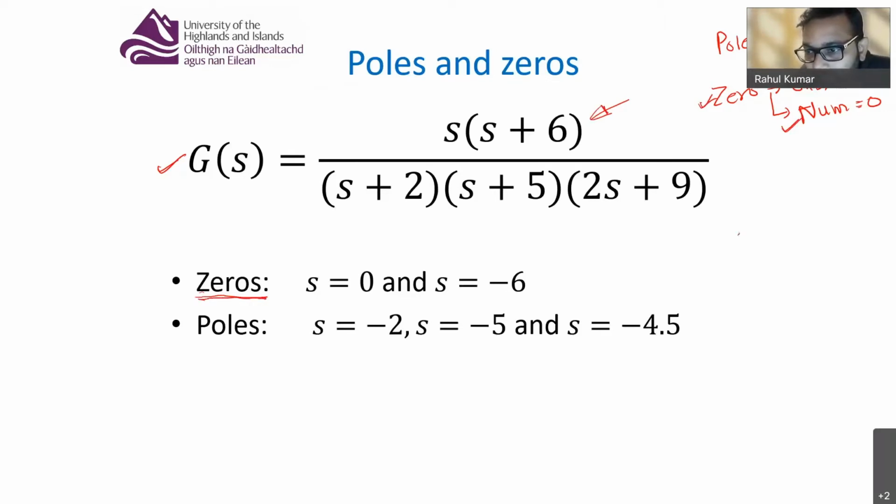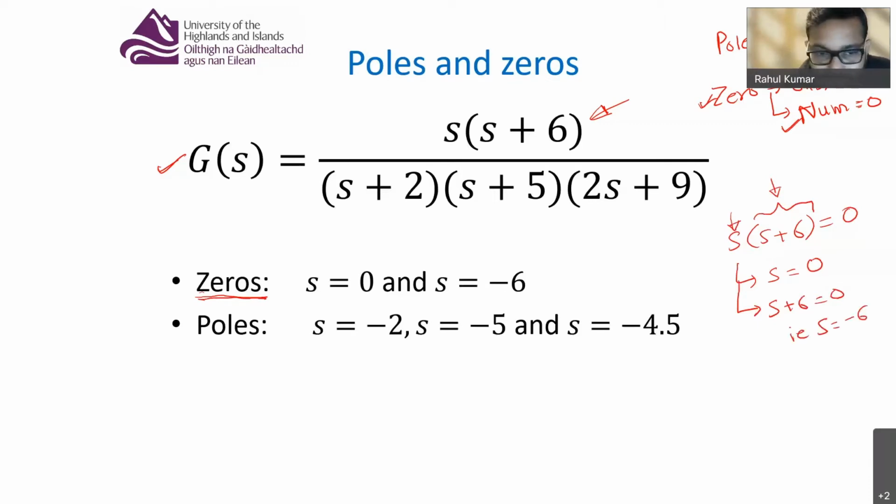So if I equate s, s plus 6 equal to 0, I will get two values of s. One of the values will be s equals 0 from this one, and from this portion of the top line I will get another value of s, which is s plus 6 equal to 0, that is s is equal to minus 6.